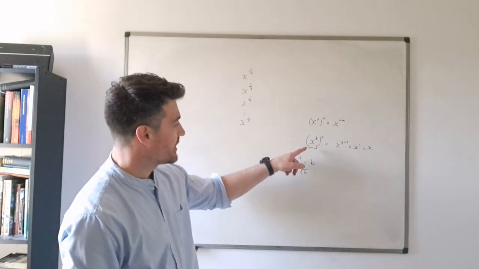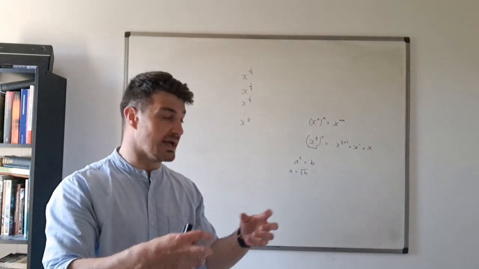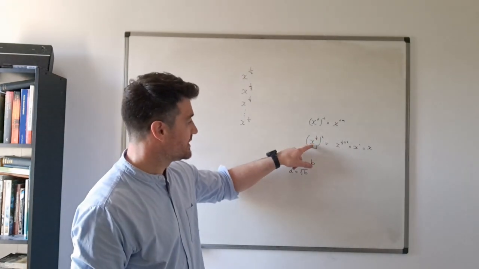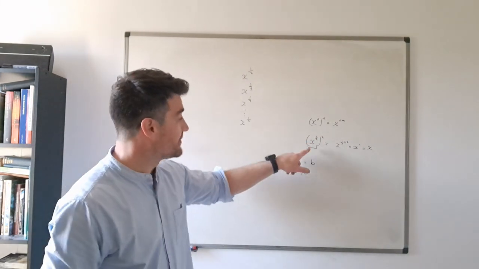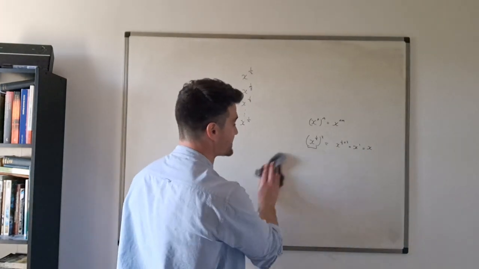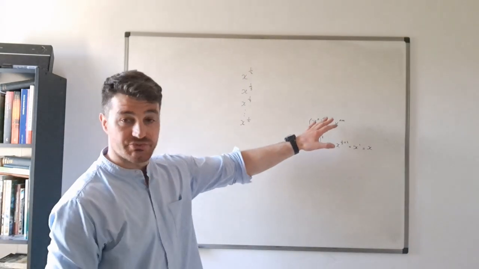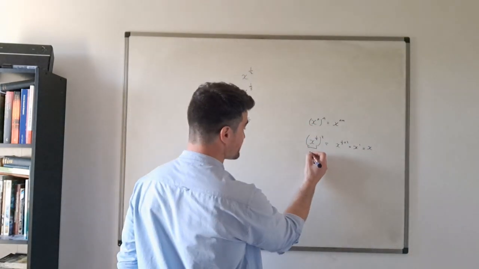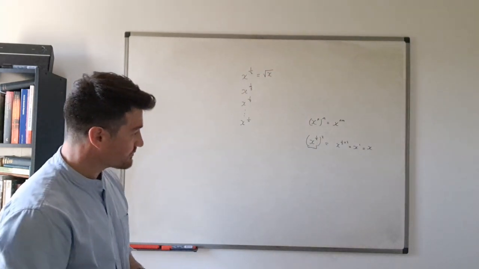Well, that's what we've got here. We've got a number which, when multiplied by itself, or when squared, is equal to x. Well, that must be then the square root of x. It can't be anything else, if we want this rule to work. So this must be equal to the square root of x.